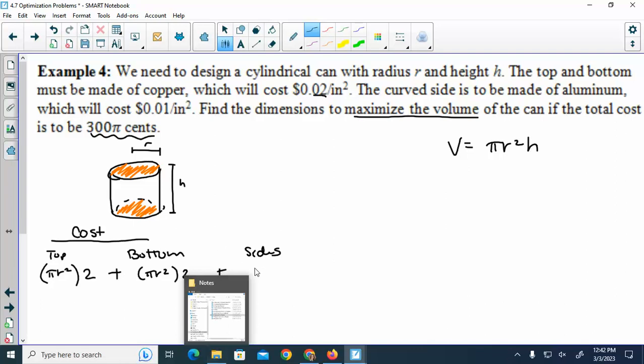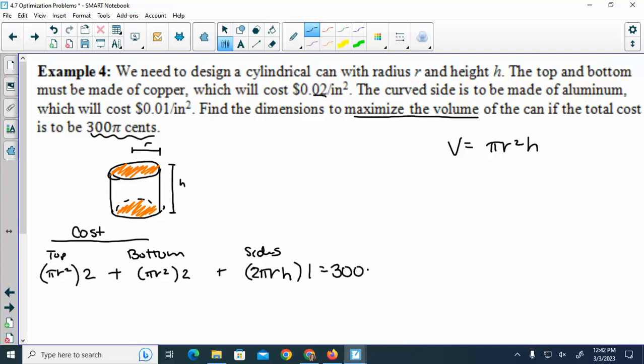Circumference is 2 pi r. So that's the length times the width. So how tall is that label? The height. Okay, so that's the area of it. And then how much do we pay for that label? Yeah. So the sides just cost us 1 cent, and then all together my total cost is 300 pi.